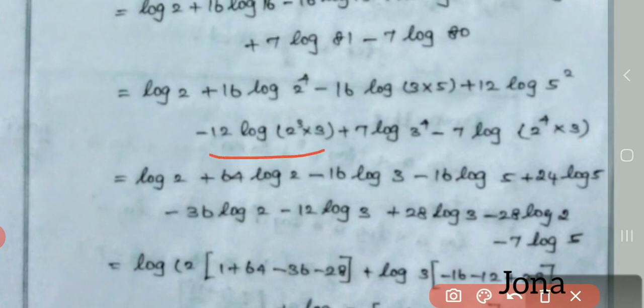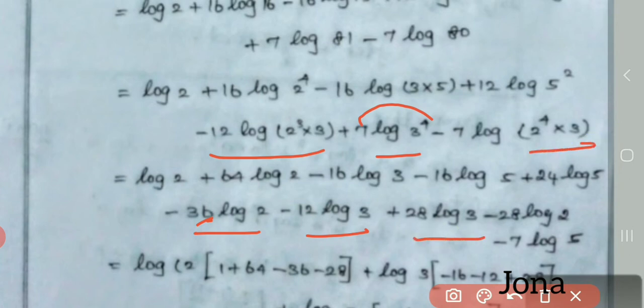So how to split that? 2 cube into 3 is there. So minus log 2 cube and then minus 2 log 3. These two terms are there. I multiply with the front also here. And then here 4 should come here. So 28 log 3.